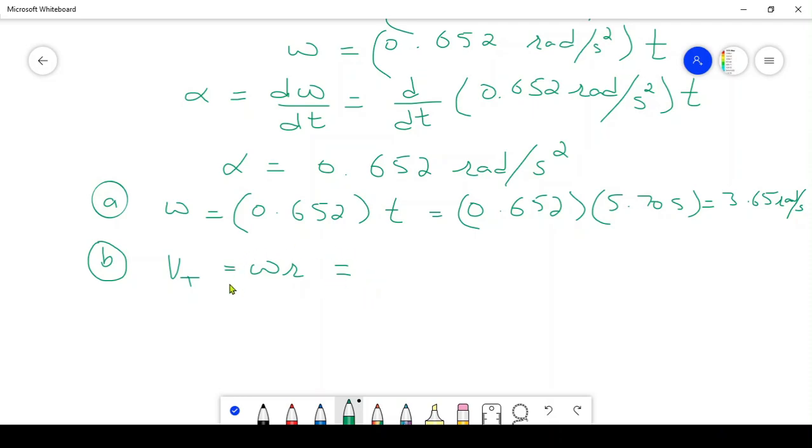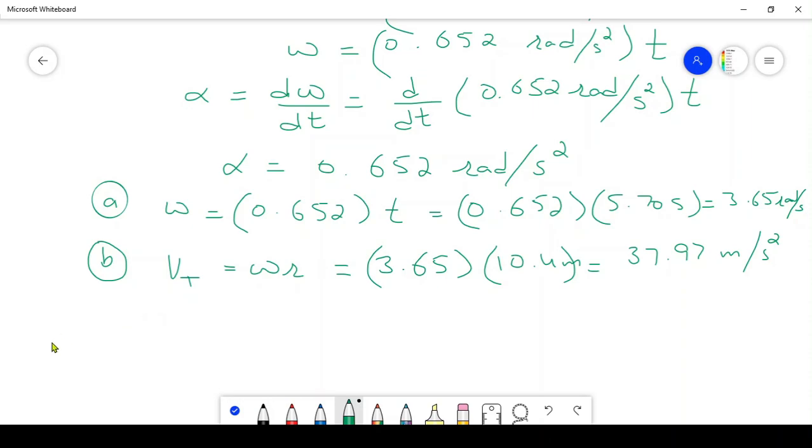Now if I plug in the value of omega and this radius, then I would get the value of tangential speed. Omega is equal to 3.65. The value of radius is 10.4 and the answer would be 37.97 meters per second.